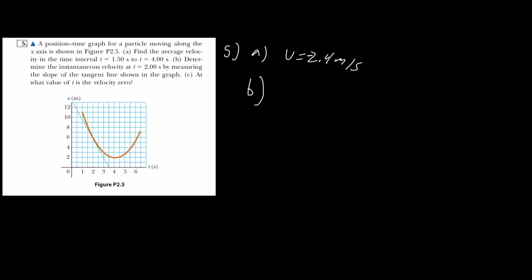So determine the instantaneous velocity at 2 seconds. The slope of the tangent line is going to be the instantaneous velocity. I'm going to say that's maybe 13 over the course of 3.5. I'm going to put that in the calculator.